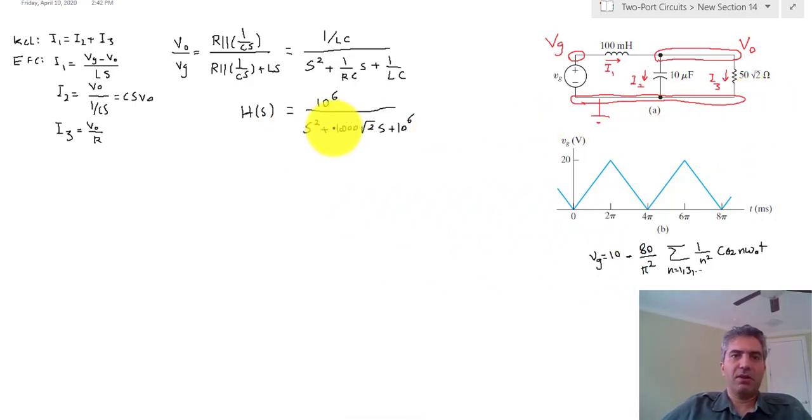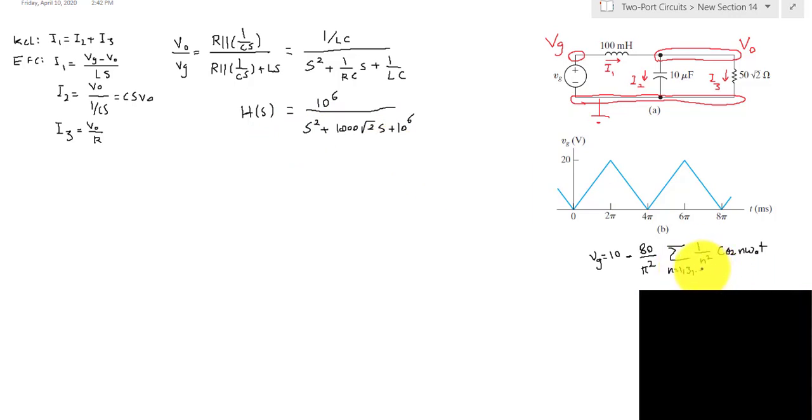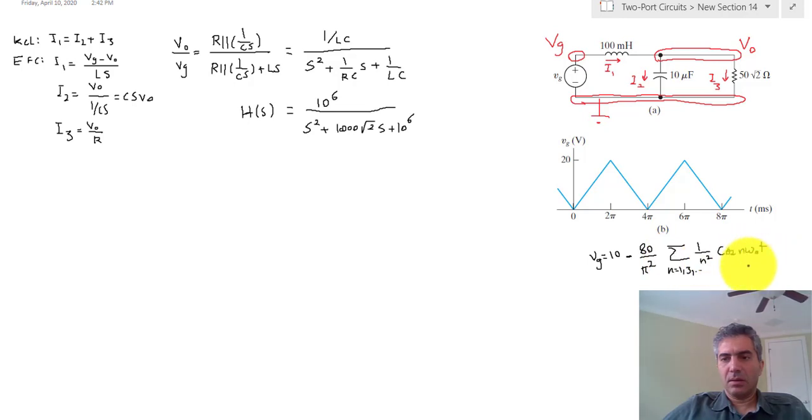And then for the periodic components, you have cosines, and only cosines with odd harmonics. Basically you have omega t, 3 omega t, and 5 omega t.